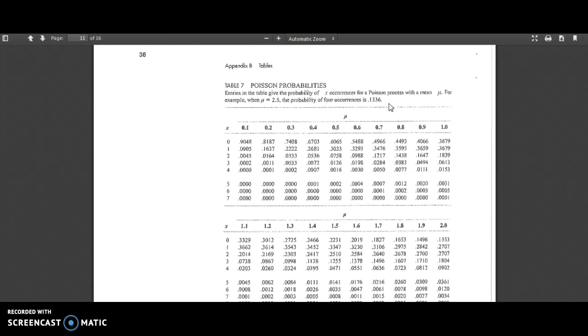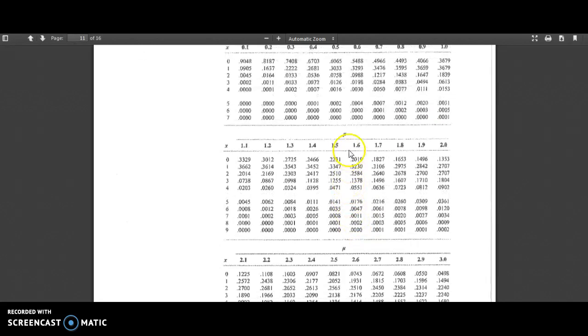Once you read through the Poisson section, you'll learn that Poisson problems work with a constant mean that might vary per interval. So if you have 6 per mile, you'd have 3 per half mile, and you'd have 1.5 per quarter mile. Once you have that, if you have 1.5 per quarter mile, what's the probability that x equals 2?